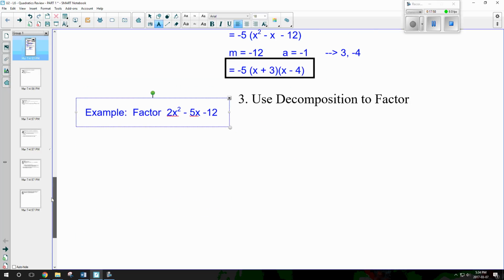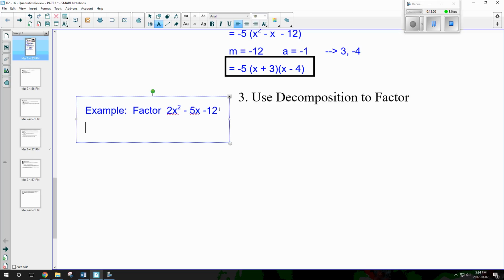In this case, we can't common factor anything out to make it simpler. The only thing we can do is move into decomposition, and we know that we have to use decomposition because there's this 2 sitting in front of this x squared, and there's no way to get rid of it.